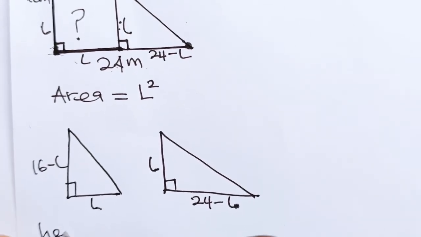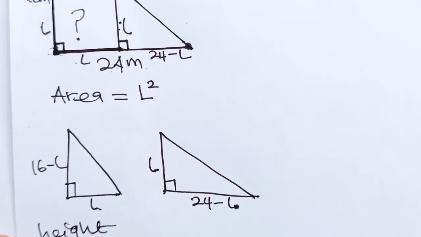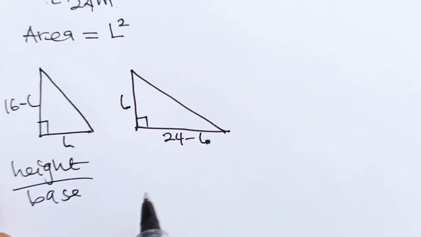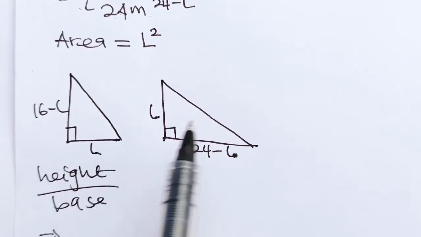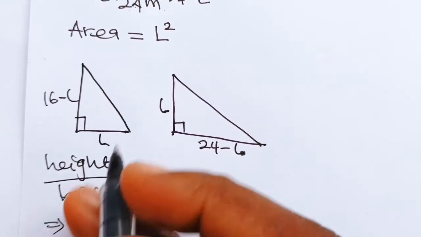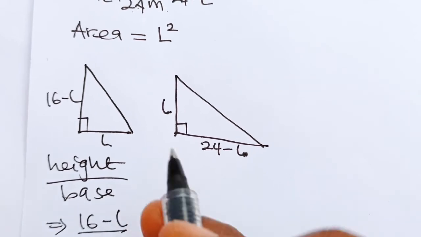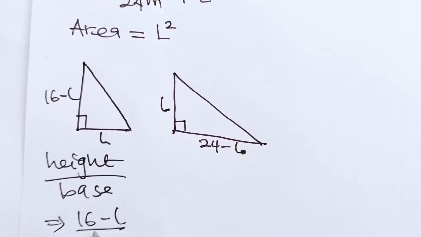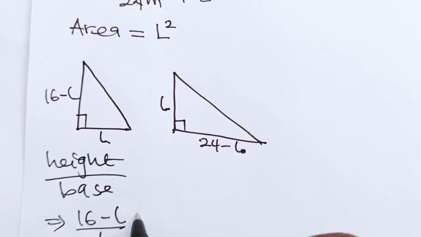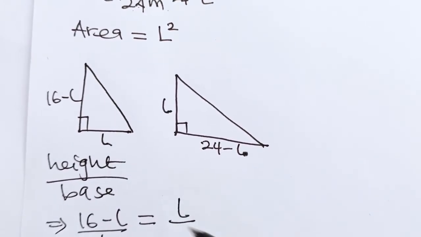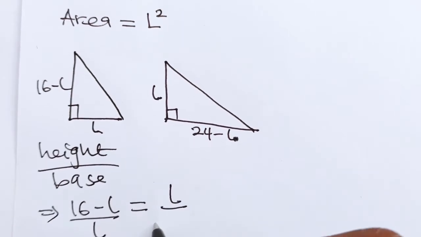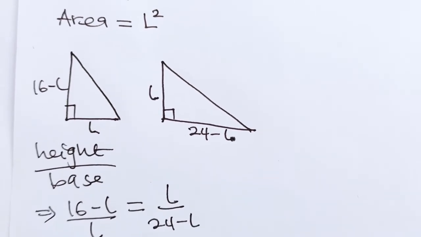So we have 16 minus L divided by the base, which is L, is going to be equal to the height of this one, L, over 24 minus L, since they are similar.